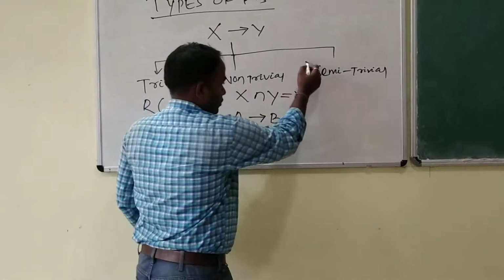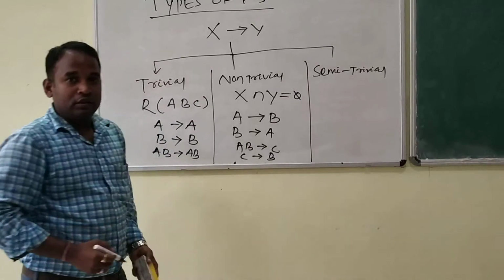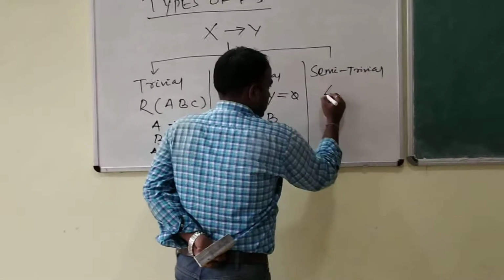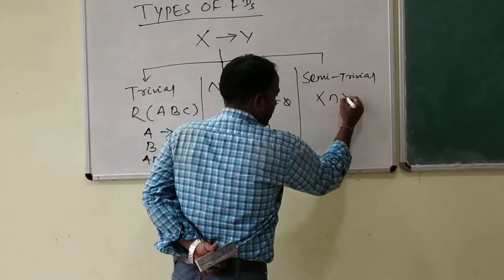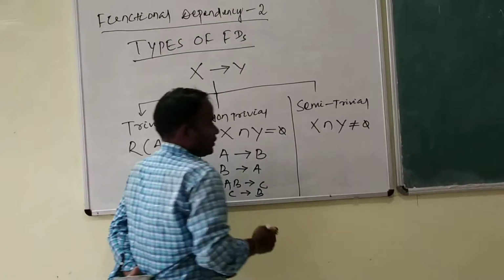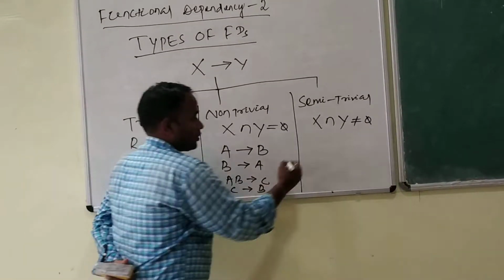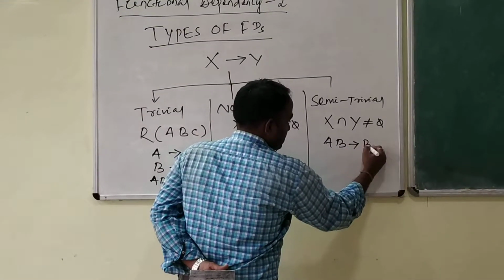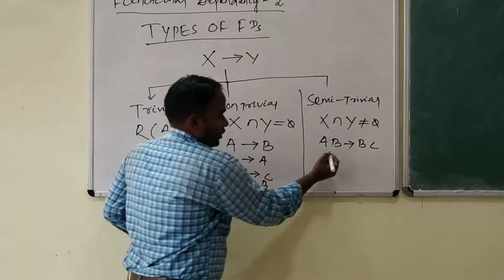Then we come to semi-trivial functional dependency, whenever the intersection between X and Y is not equal to phi. Take a functional dependency such as AB determines BC.